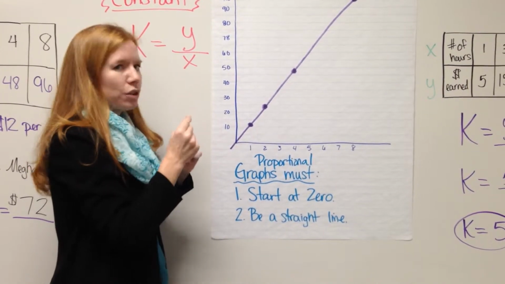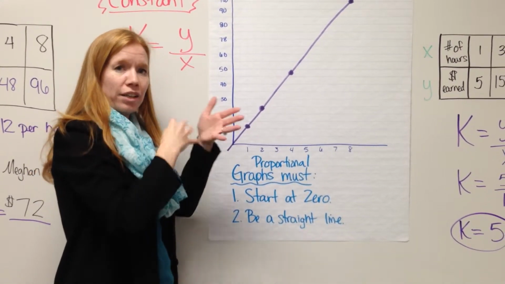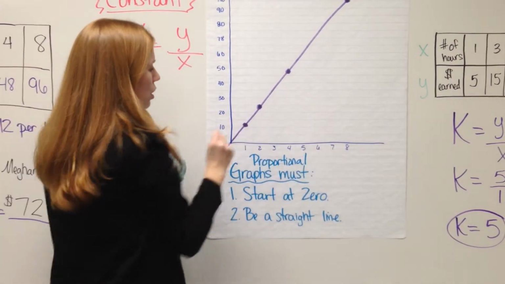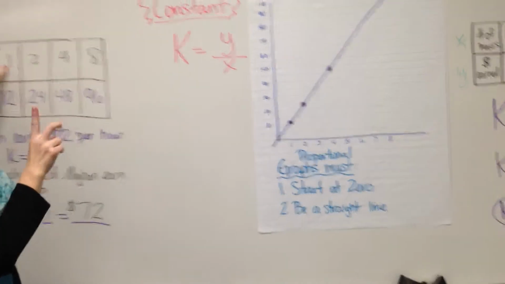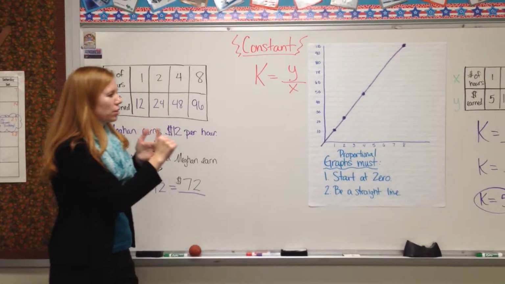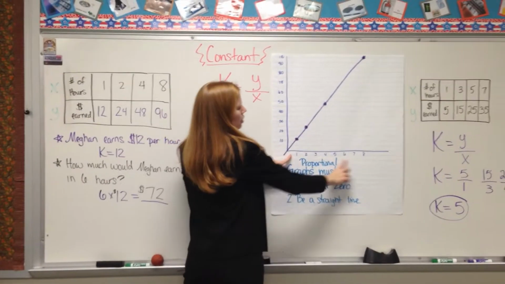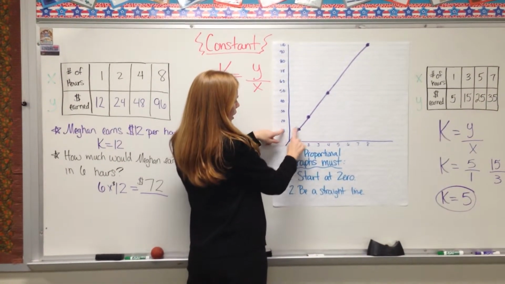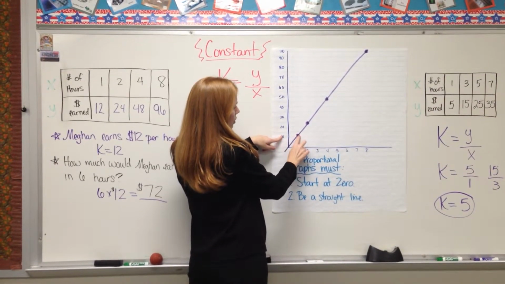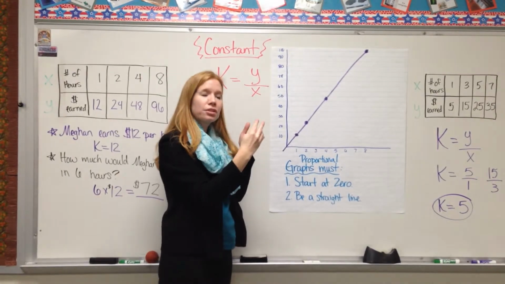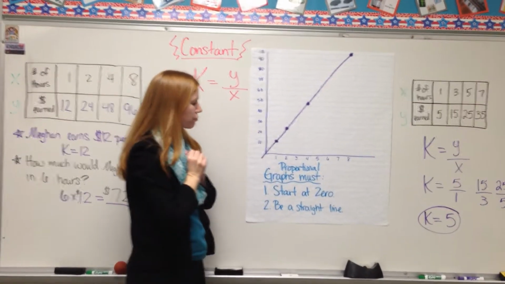So all I need to do is use this information from my chart over here and put it in the graph. So if I look, I had 1 hour and she earned $12. So I put my hours on the bottom, 1 hour, and that's about 12. And then all you need to do is just plot that information on the graph and draw your line.